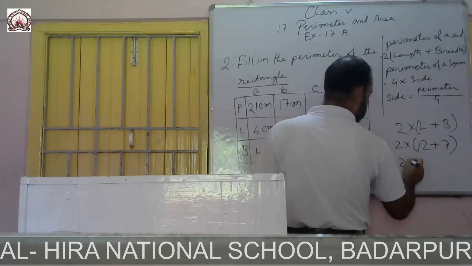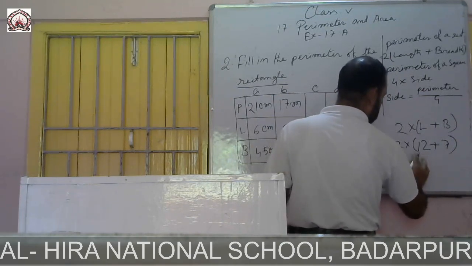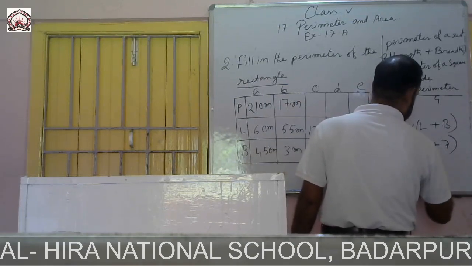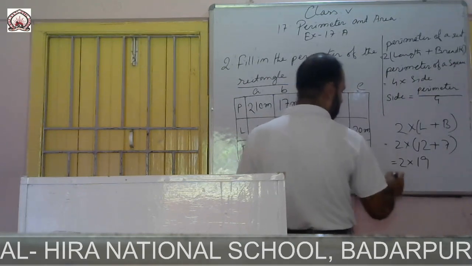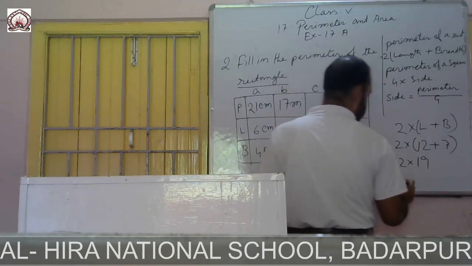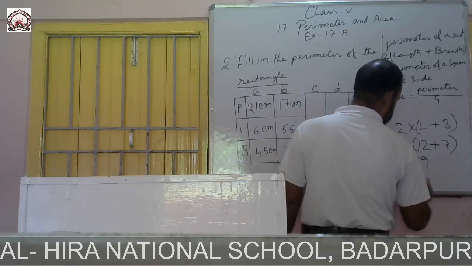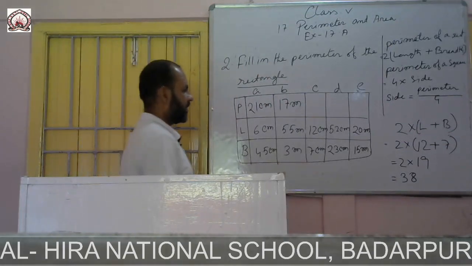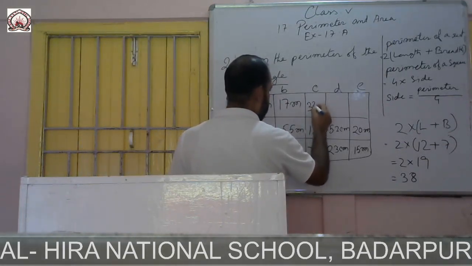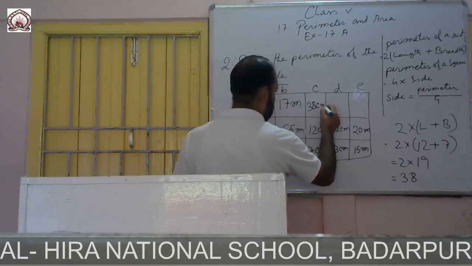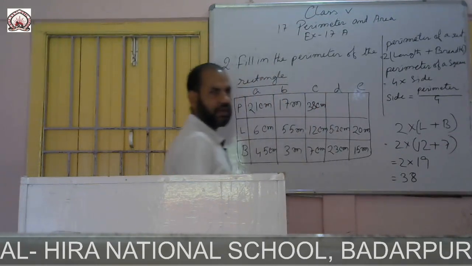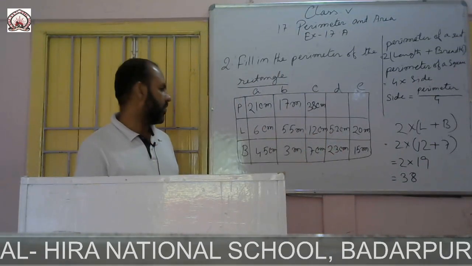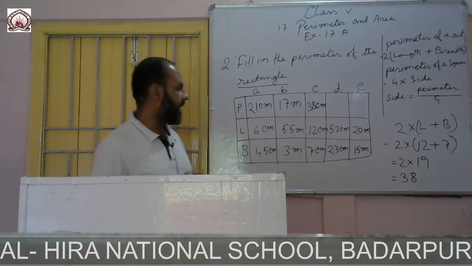Now 2 into 12 plus 7 is equal to 19. 19 into 2, 19 2 jar 38. So here answer is 38 centimeter. Next is what? Length equal to 5.2 and breadth equal to 2.3.